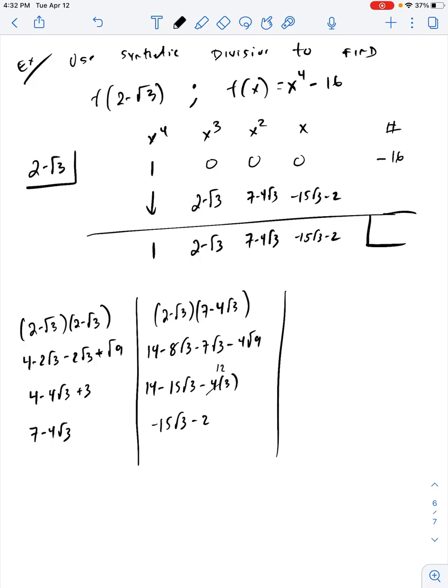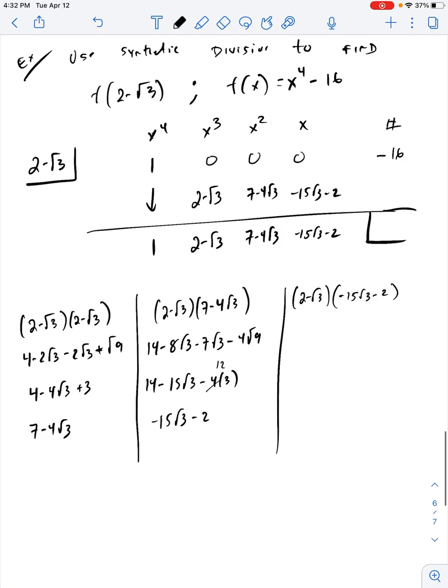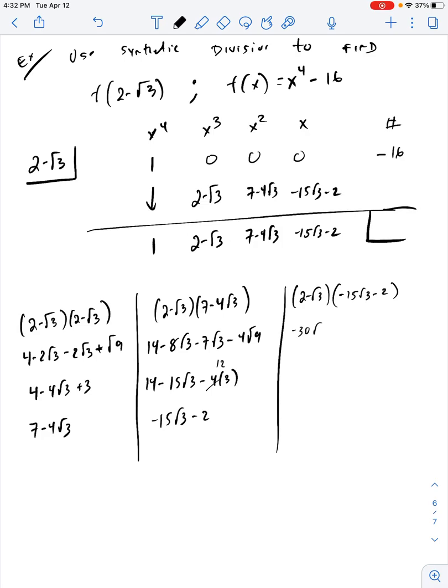Looks like we got to do it again. 2 minus square root of 3 times negative 15 square root of 3 minus 2. Looks like that's a negative 30 square root of 3 minus 4 plus 15 square root of 9 plus 2 square root of 3. All right, so then that is negative 30 plus 2, that's negative 28 square root of 3 minus 4 plus 15 times 3.